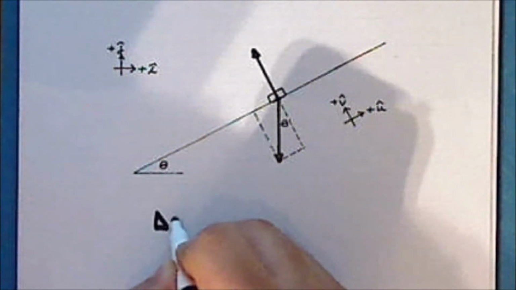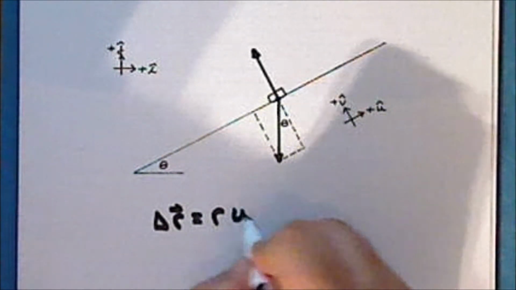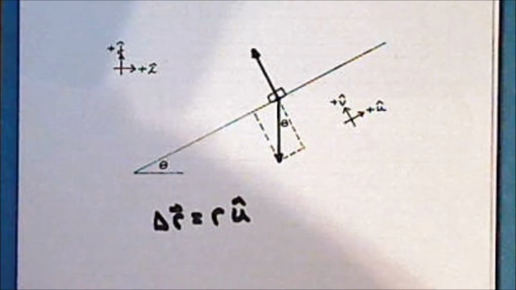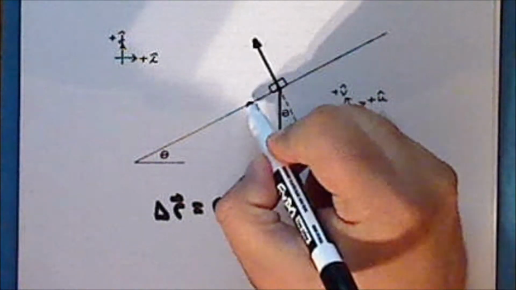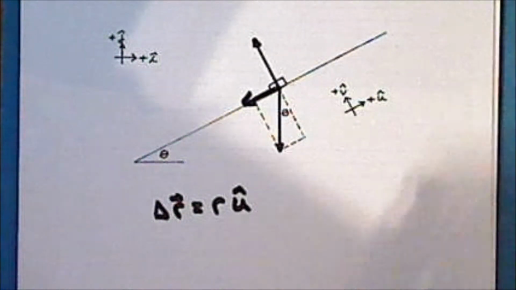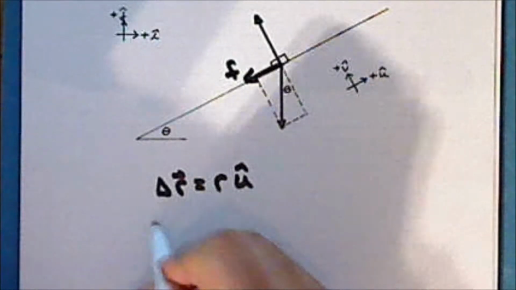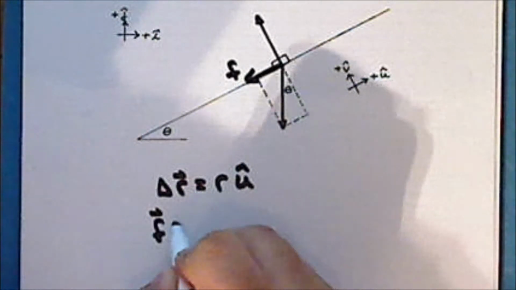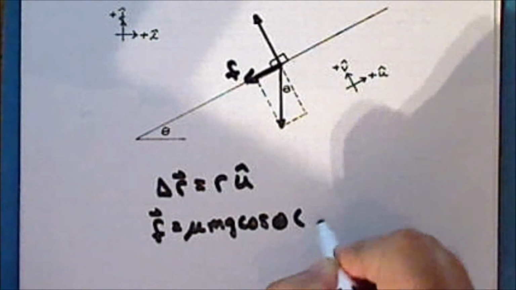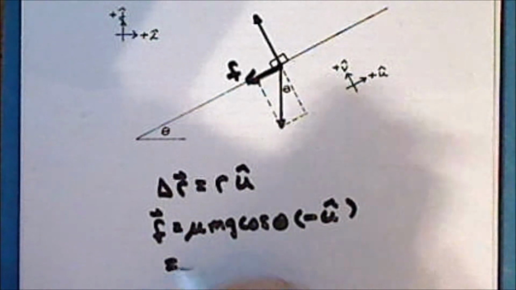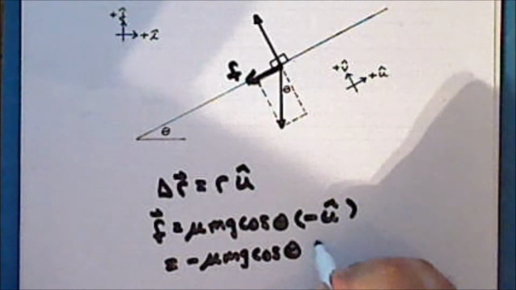Then we have a displacement, delta r, that has some magnitude r in the direction of the unit vector u hat. Now, friction opposes motion, and so it is directed in the negative u hat direction. And so the force of friction is mu times mg cosine theta in the direction of negative u hat. And so we write negative mu mg cosine theta times u hat.